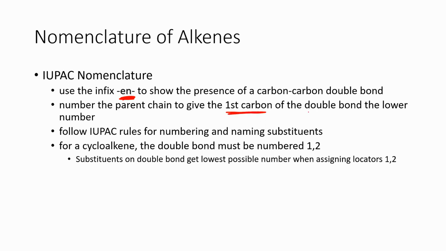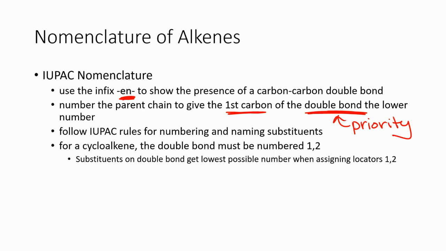So it's really the double bond now that has priority, because we want to make sure that the first carbon of the double bond has the lowest possible number. And we're going to have to go over, or bridge across, both carbons of the double bond. That's really important: we must bridge across the double bond.